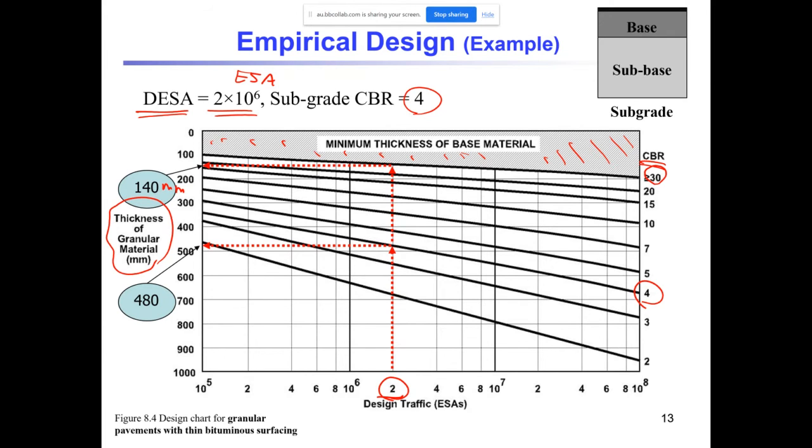And the difference between these two will give you the thickness for the subbase layer, right? So for the subbase layer, the thickness would be 340 millimeter. So this is the final design.